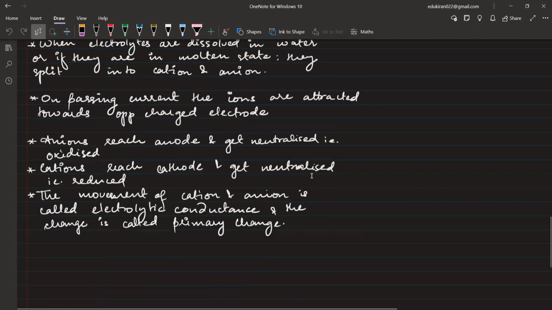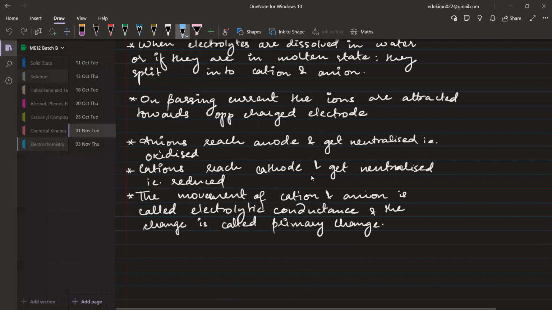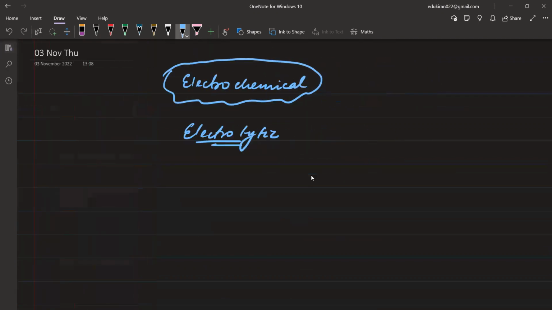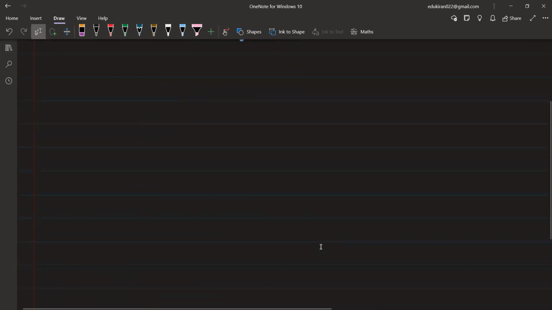Now we'll look at different electrolytic cells, and we are going to deduce or predict what is the product of the electrolysis. So please write the topic: qualitative analysis of electrolysis.